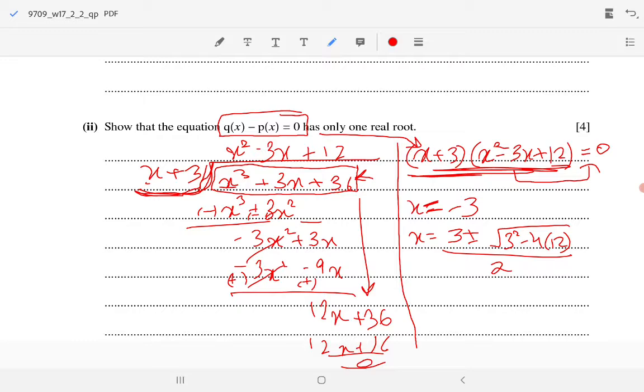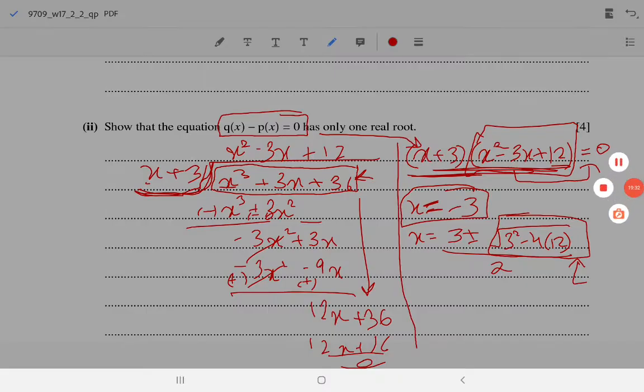But if you see carefully, this is not a real number. So the other roots from this quadratic equation are not real. The only real root is x equals minus 3. Hope you guys got it.